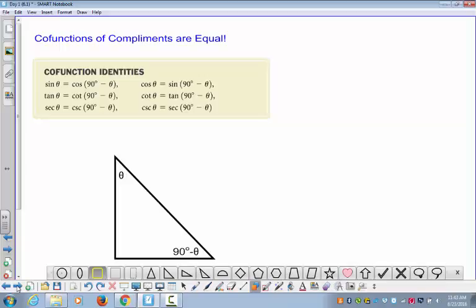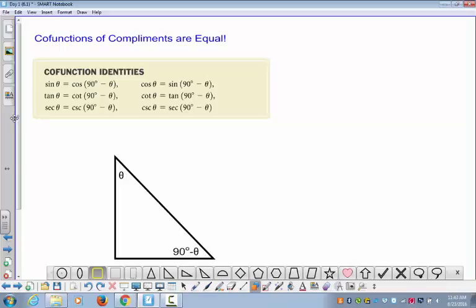All right, so I mentioned this before. We talked a little bit about this concept that cofunctions of complements are equal. Cofunctions of complements are equal. This summarizes that.